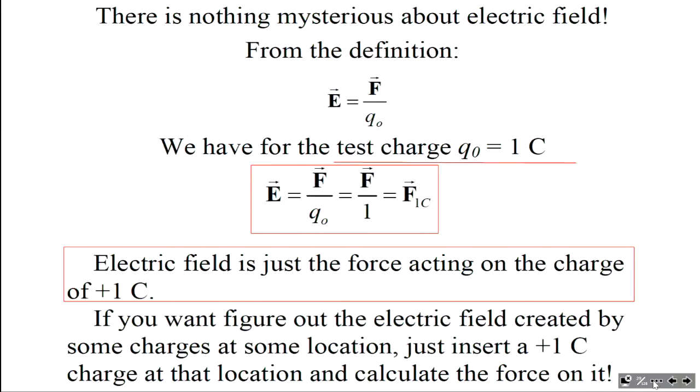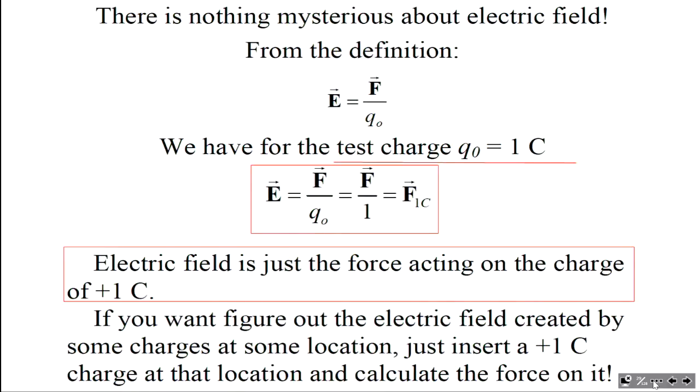According to this definition, the easiest situation happens when the test charge is equal to 1 Coulomb. If the test charge is equal to 1 Coulomb, that means electric field is just equal to the force acting on a 1 Coulomb charge.